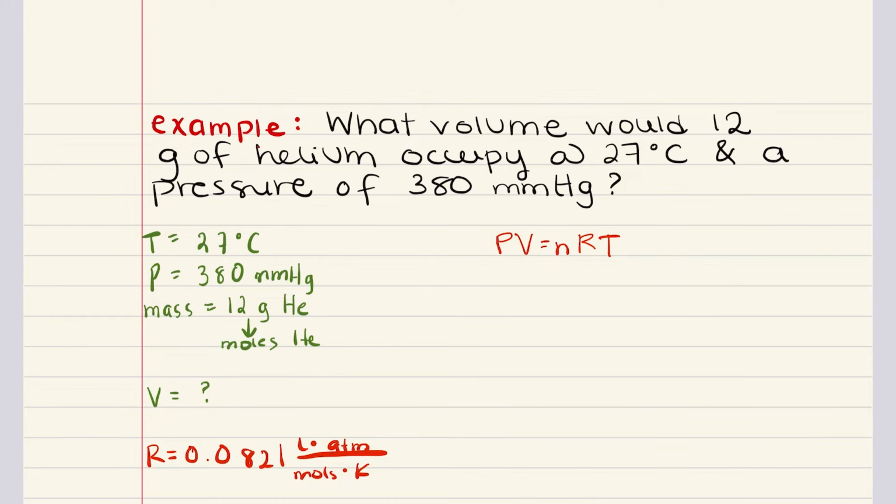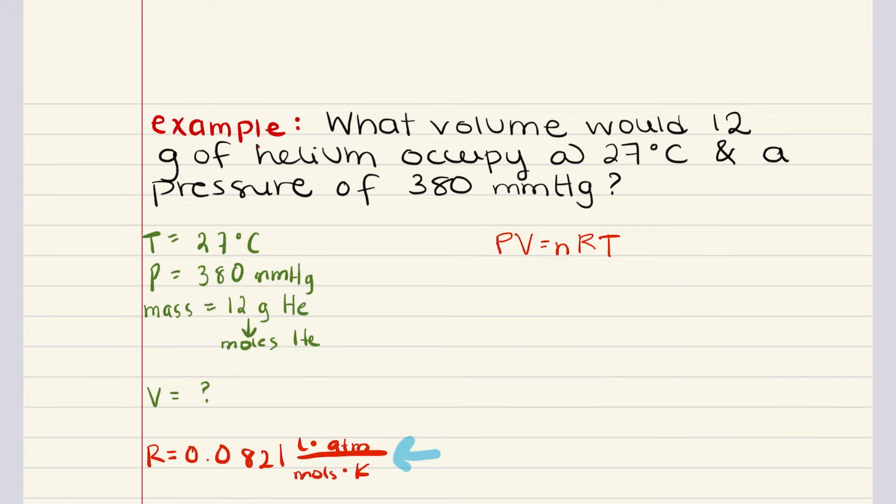Okay, now that we know we're going to use the ideal gas law and we've reminded ourselves what the value of R is and what the unit of the gas constant is, now we can begin to convert some of the values we're given into the appropriate units so everything cancels out and we get our final answer in units of liters.